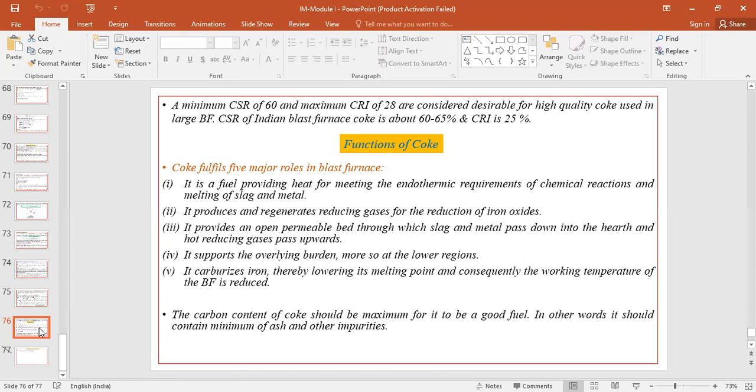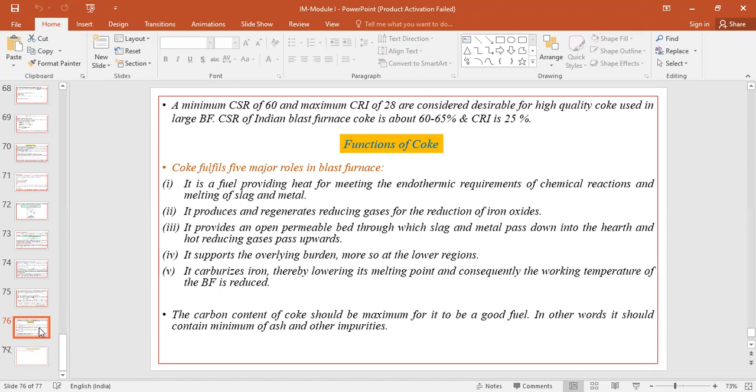And we also discussed the ores of iron, the different kinds of ores which are available, and their properties. And we also discussed coal formation, and then the beneficiation process for the coal. Then we discussed the testing we do for the coal before we subject it to the coke making process.